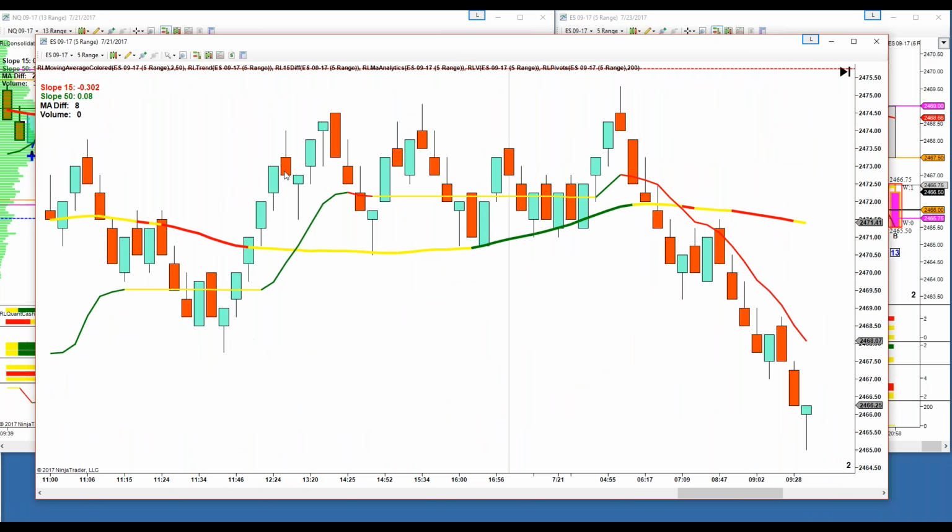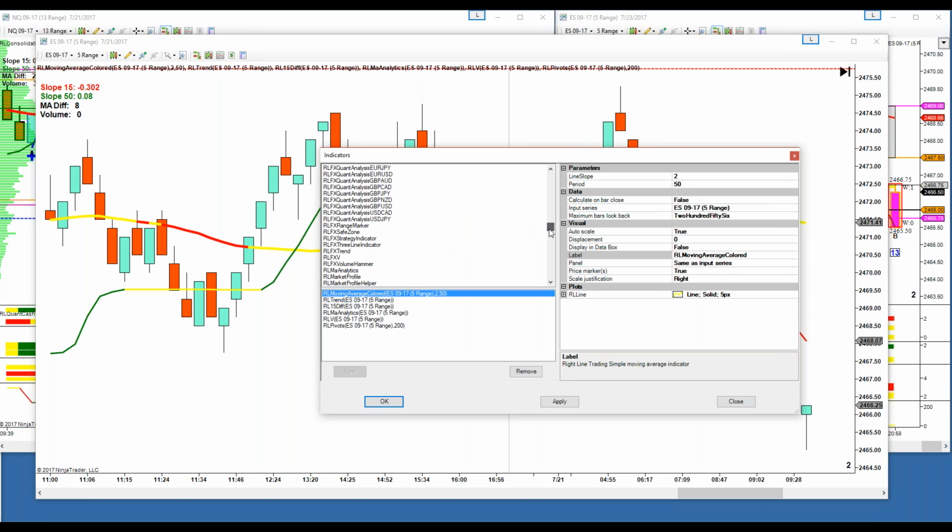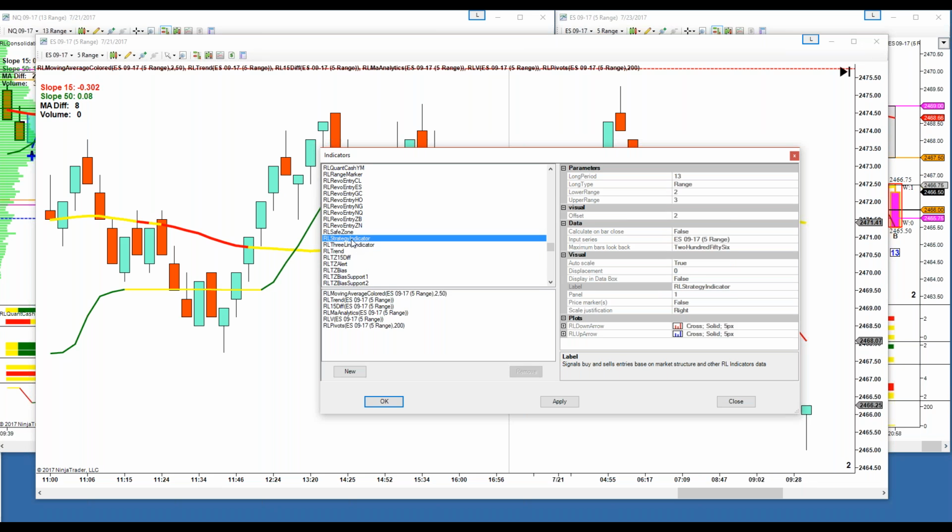Now, let's add our indicators. Here's our strategy indicator. The strategy is a complex indicator. It needs an input. The 13 input is correct.